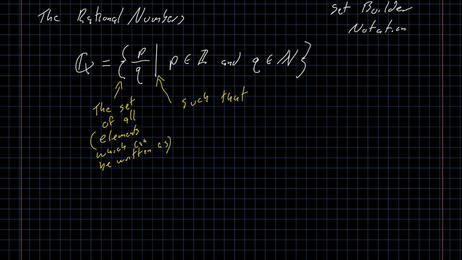So p can be positive, negative, or zero. q can be positive only. There's ways of establishing things a little bit differently, but that seems to be the most straightforward way of dealing with this.